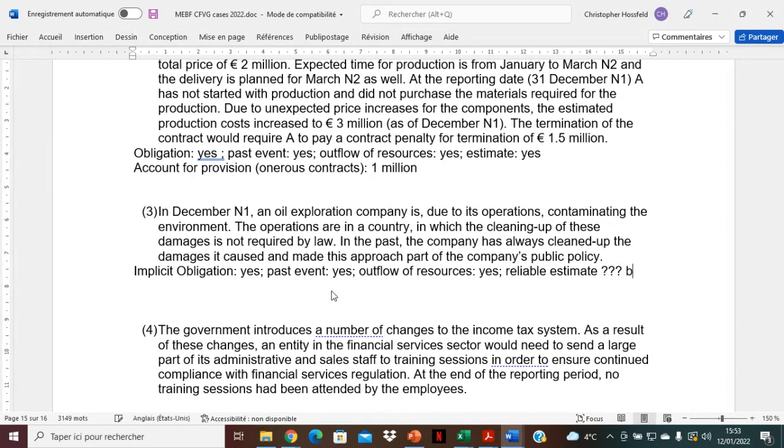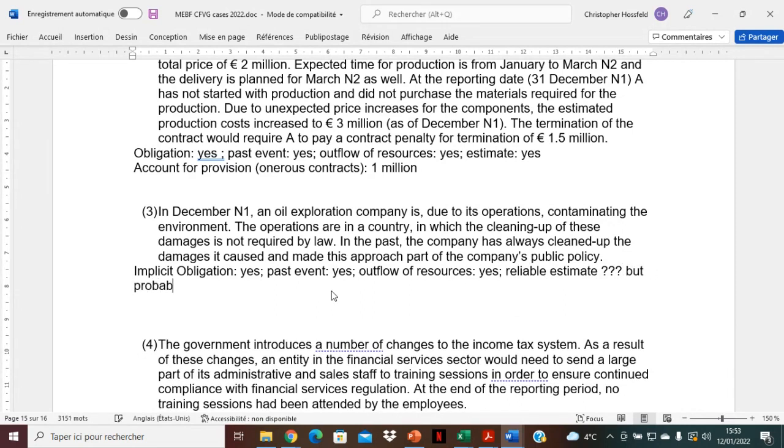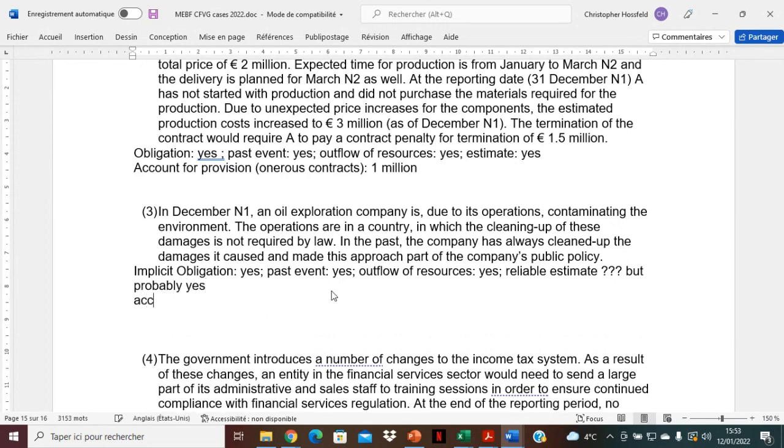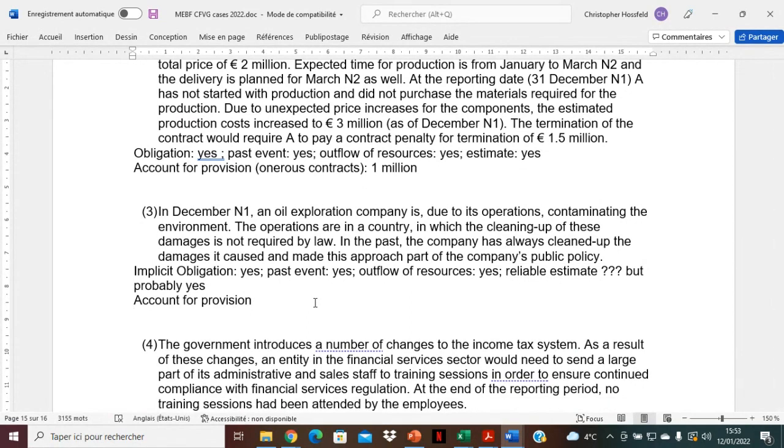We have no information, but probably yes, because we did it in the past, so we can do it right now. Okay, so we need to account for a provision here under the condition, obviously, that we can do a reliable estimate, but we don't know the amount, because here we don't have any numbers.